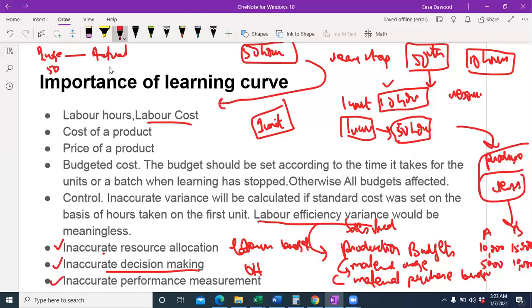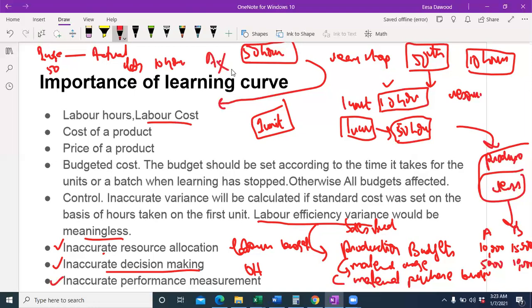The standard was inaccurate, so my labor efficiency variance would be meaningless. If labor actually took 10 hours, this says the labor efficiency variance is adverse.